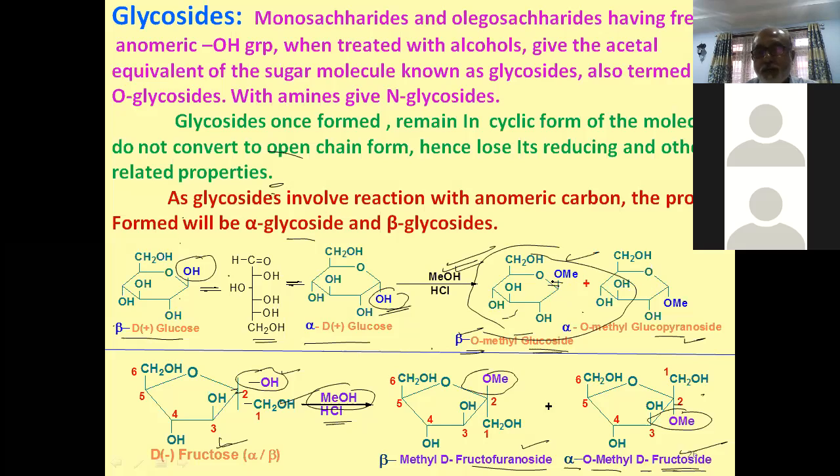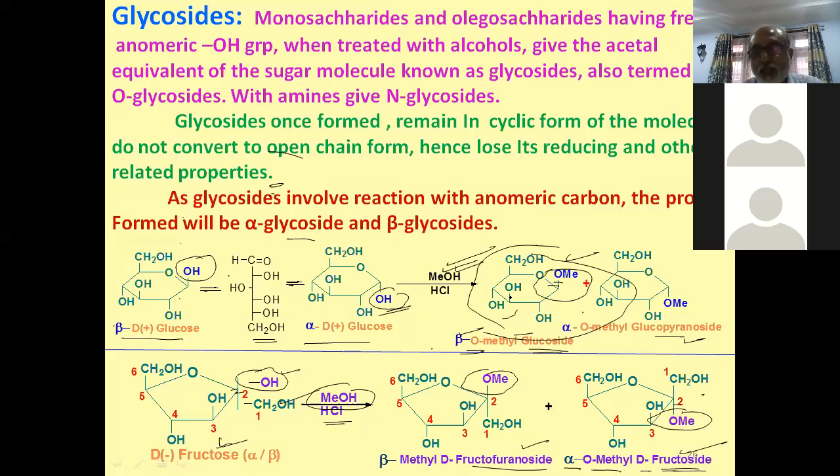That means it is not converting itself to the open chain form. That means there will not be any aldehyde group. That aldehyde group, when it comes out in the open chain form, was responsible for the reduction. So we will not have any reduction, also will not have any oxidation, also it will not react with NH2.